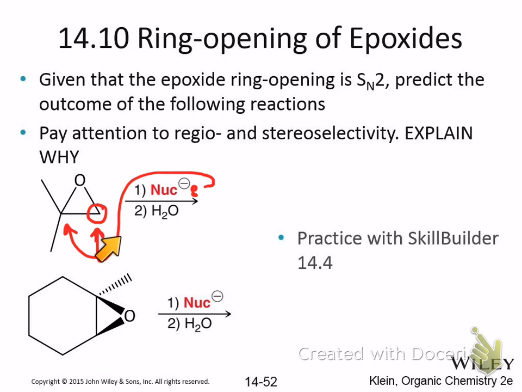It turns out, though, that's not entirely true, because this is a 60-degree angle over here. This is almost planar. There's very little steric hindrance to that. So there's two things. The regiochemistry of this molecule follows one: SN2 attacks the less hindered side.